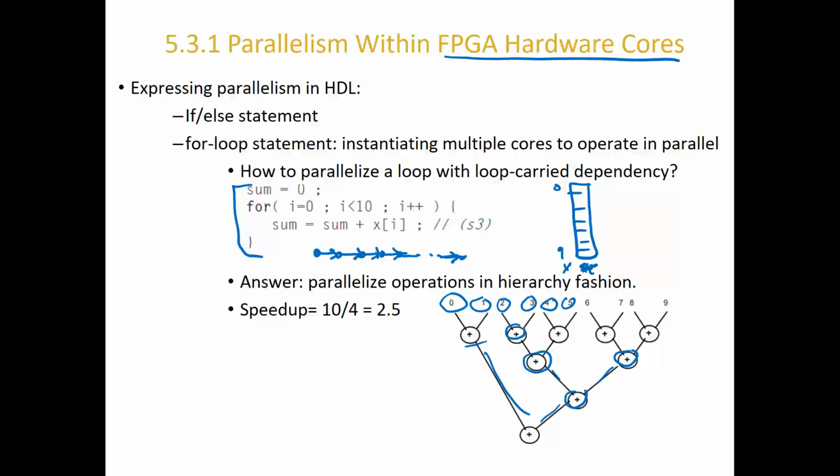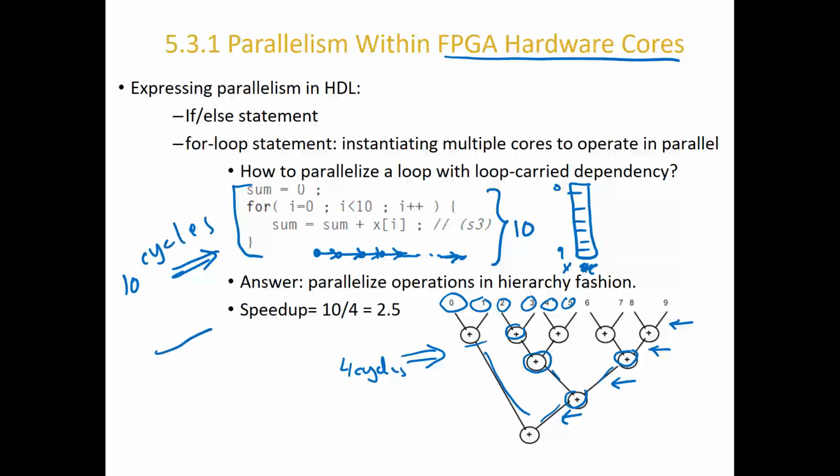And you will see that I need 1 time unit, 2, 3, 4, as opposed to doing this serially, which needs 10, assuming that these will take 4 cycles. And those will take 10 cycles. Then your speedup is 10 over 4, which is 2.5.